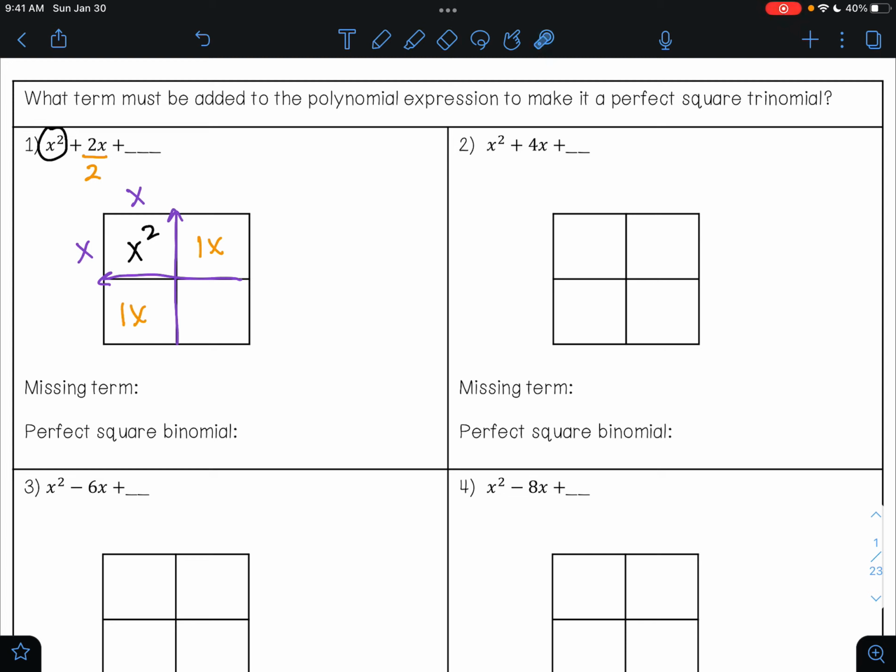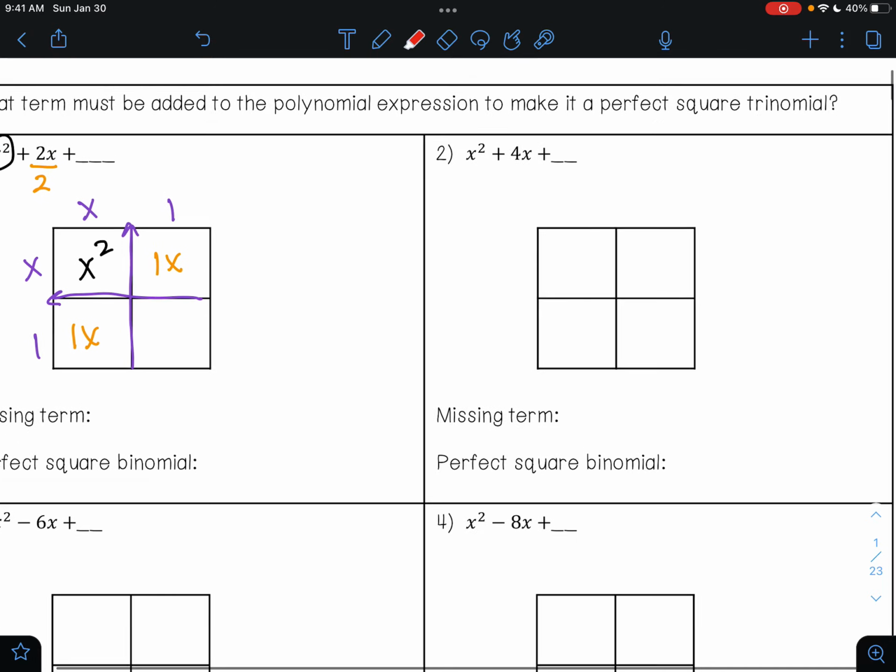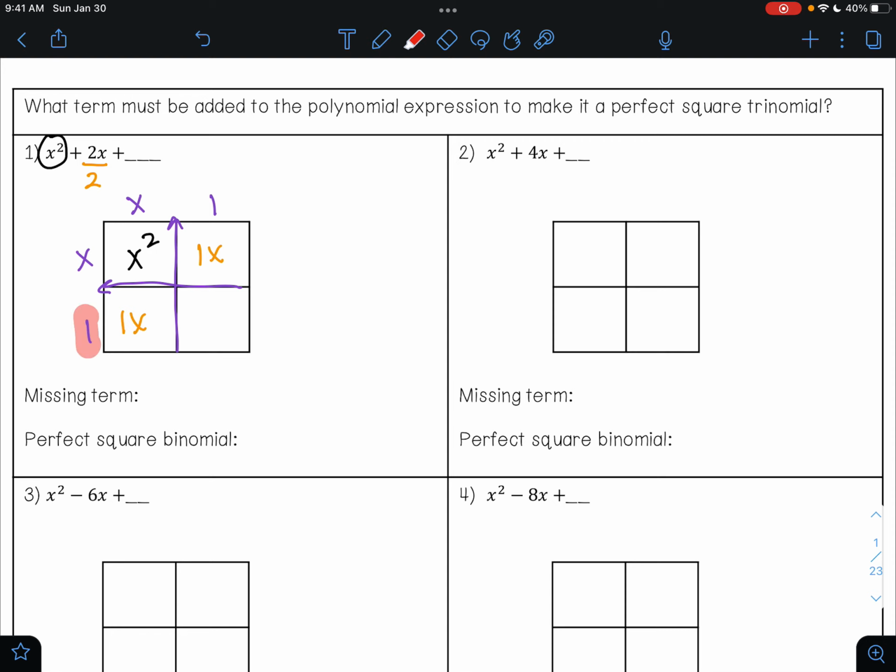x times what number would give me a 1x here? 1. x times what number would give me a 1x here? 1. So now we can find the missing number that completes the square by doing 1 times 1, which is 1.